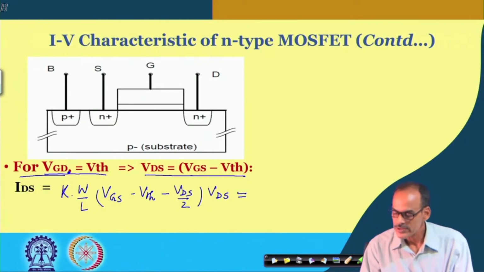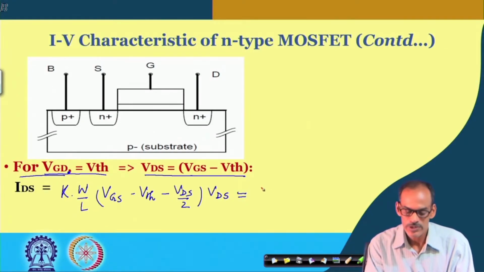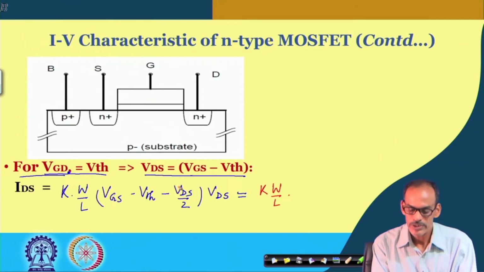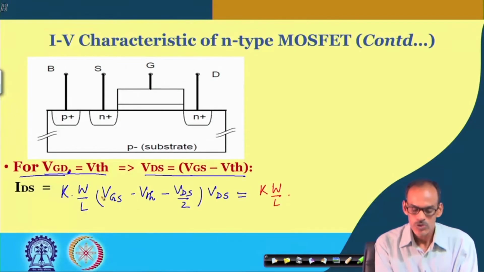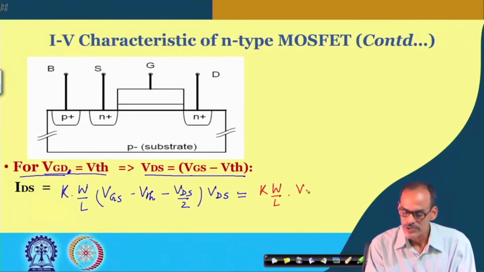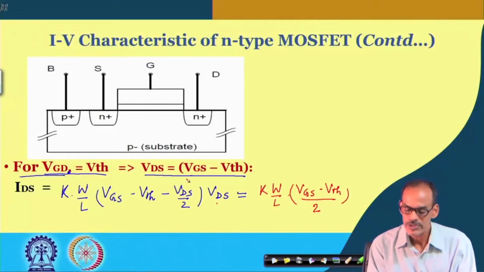So, that gives us the expression K W by L into, this portion VGS minus VTH, here also we have VGS minus VTH divided by 2. So this portion becomes VGS minus VTH by 2. And we have VDS, which is also VGS minus VTH.